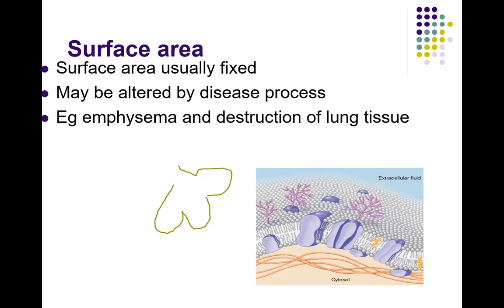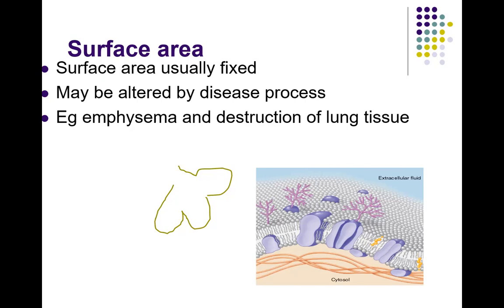If you look at your full bunch of grapes, your normal healthy lung tissue, there's a lot of surface area there. If you counted all the surface area of all those different grapes, as you start pulling them off and have fewer and fewer grapes left on your bunch, your surface area is going down because you've destroyed that lung tissue. And so the exchange of gas is not going to be as fast because you have less surface area.